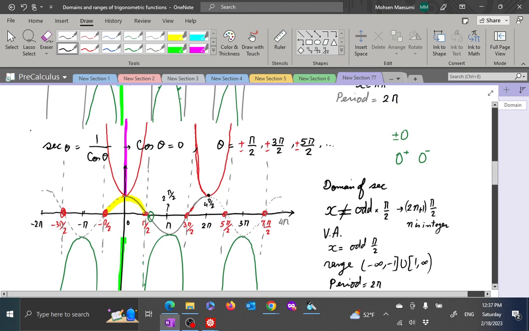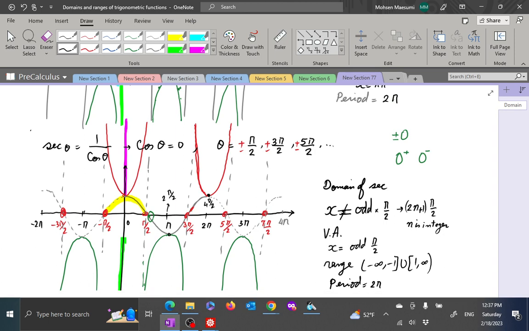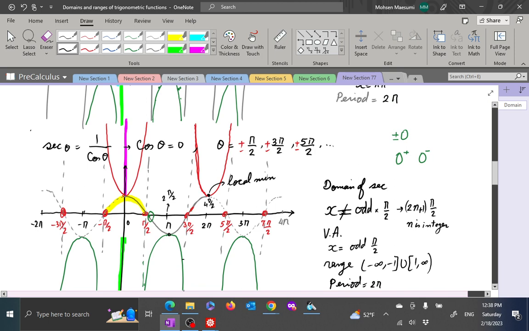There are these, later on you're going to call them local minimum. Why do you call it local? Well, this guy is lower than that, so if you want to look for a low point it is all the way -infinity, but this is called the local minimum because compared to its neighbors it is the lowest.